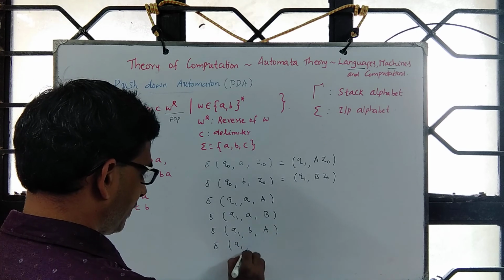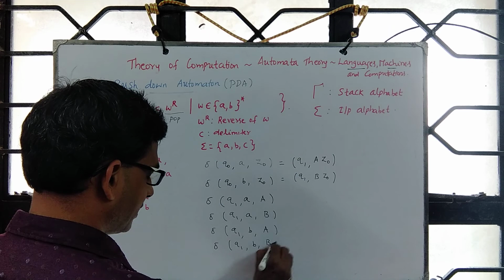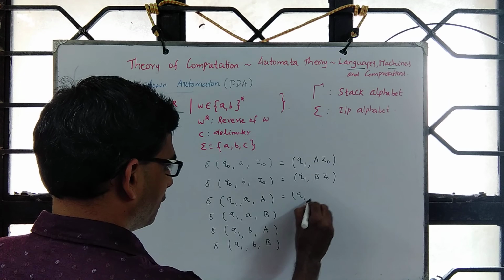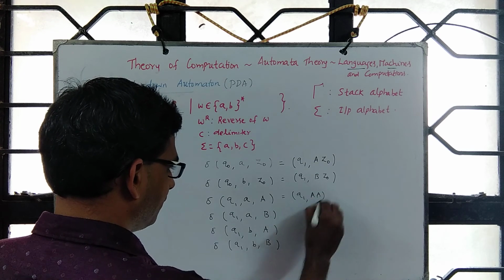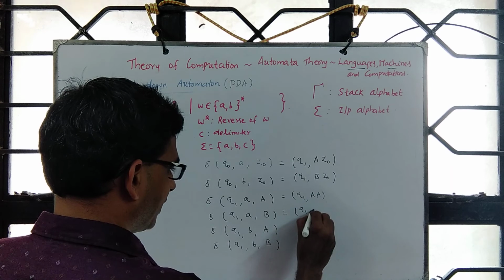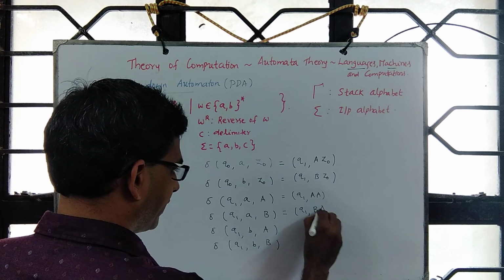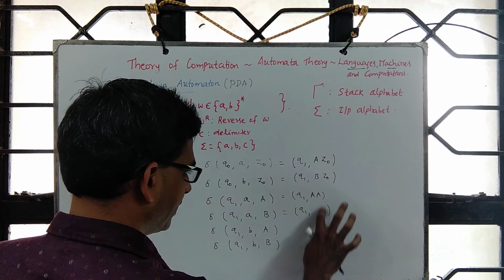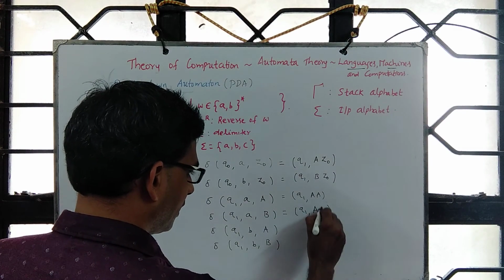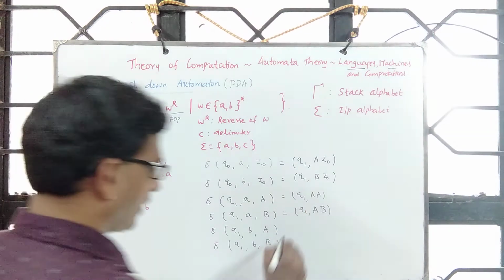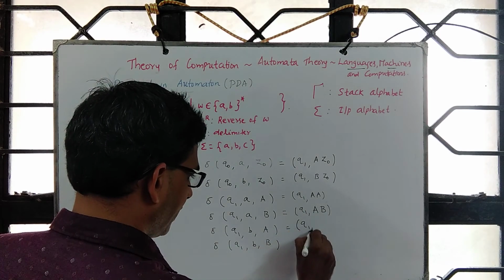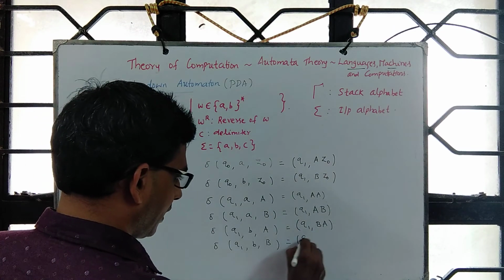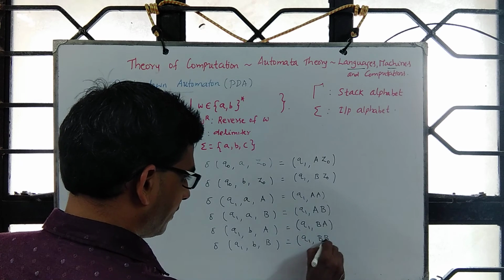So this says stay in Q1 and push another A, stay in Q1, push a B. It becomes top symbol is B, so we push A, below that B will be there. And in this case we stay here and push B, below that A will be there. And in this we push B, below that B will be there.